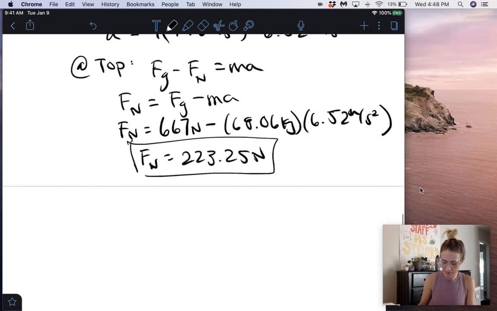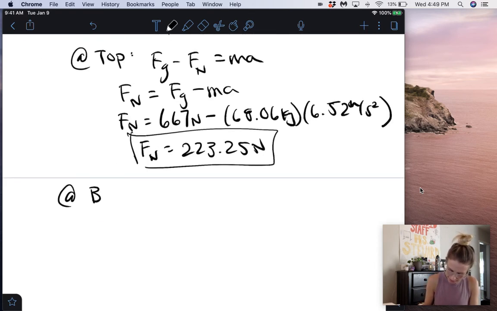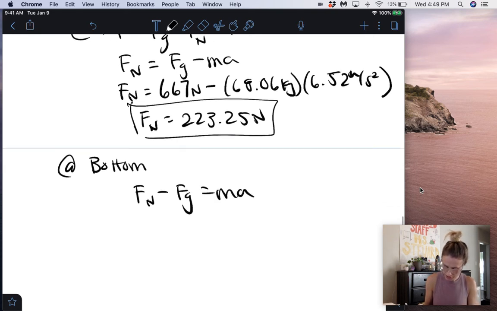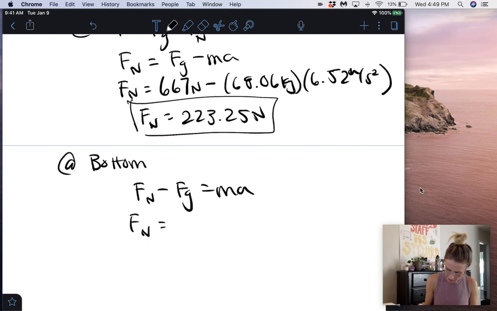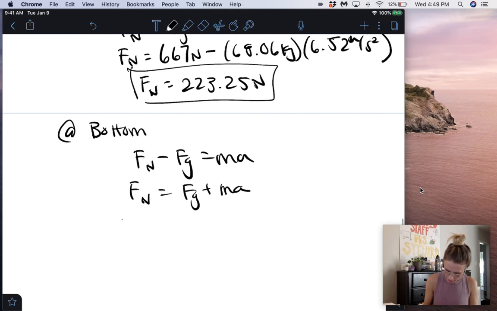And then same thing for the bottom. At the bottom, remember acceleration is up at the bottom, which means the normal force is positive, minus the force of gravity equals mass times acceleration. So here we get normal force is equal to force of gravity plus mass times acceleration.